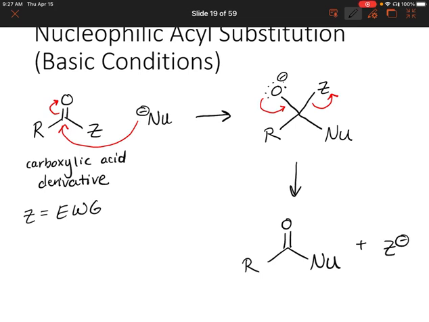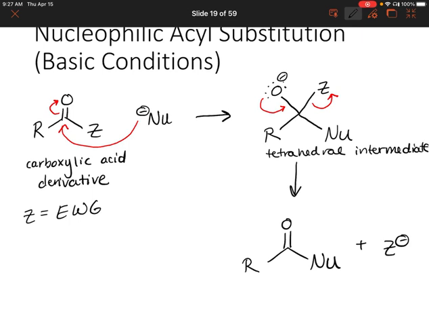So again, this is a tetrahedral intermediate, and that's really important here for the acyl substitution. So we're calling it substitution, and normally when we think about SN2, everything happens at once in a concerted mechanism. But here you really do need to form that tetrahedral intermediate because that more accurately represents what's happening in the reaction.